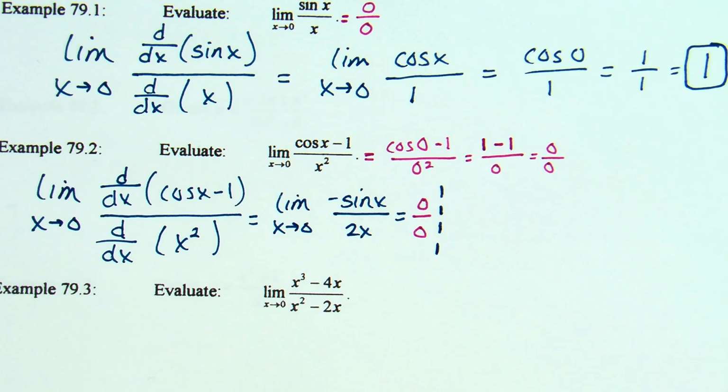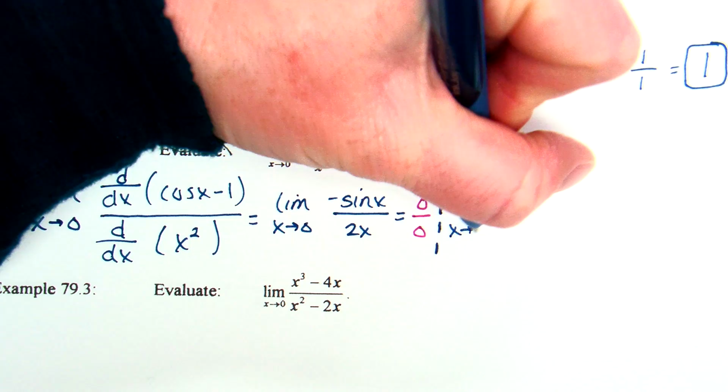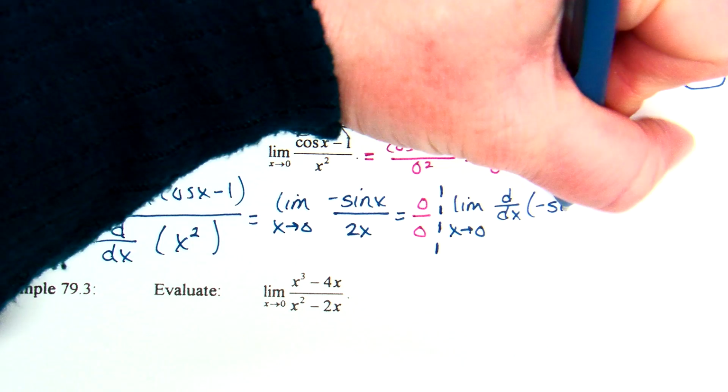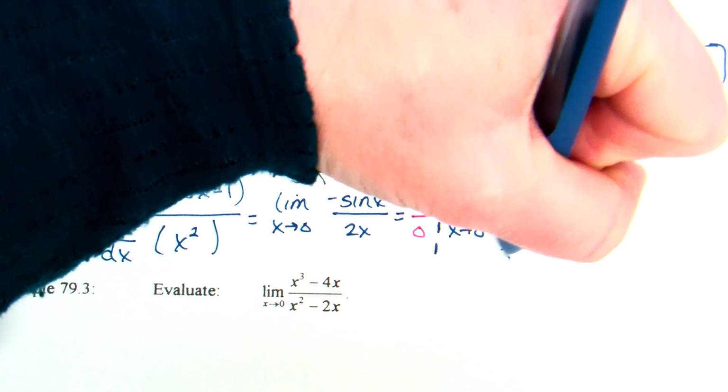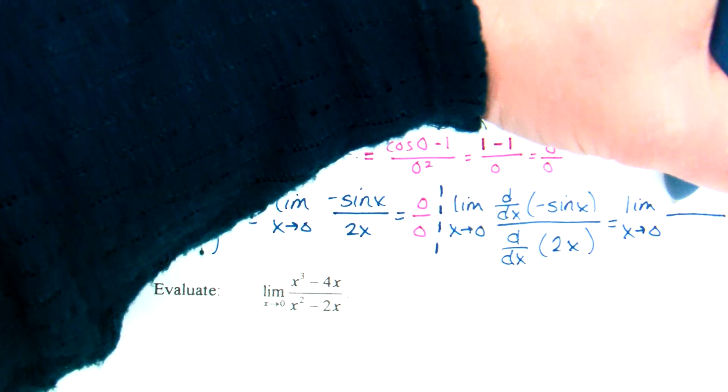You're doing derivatives. Derivatives are something you've been doing for quite a while in here. So, repeat the process. The limit as x approaches 0. This time we're doing the derivative of negative sine x over the derivative of 2x. Limit as x approaches 0, derivative of negative sine x is negative cosine x.